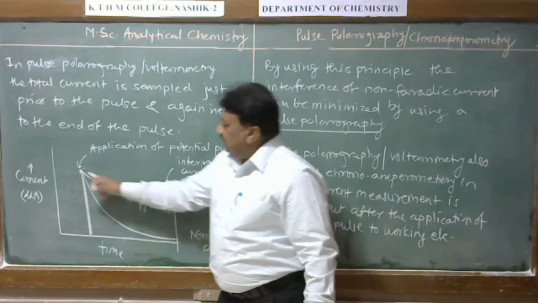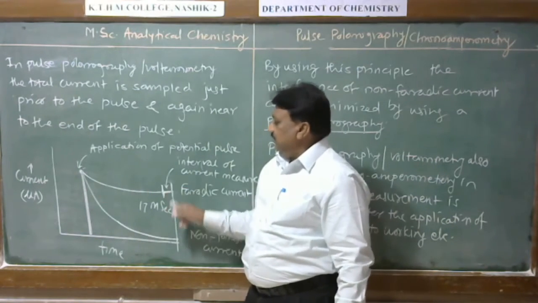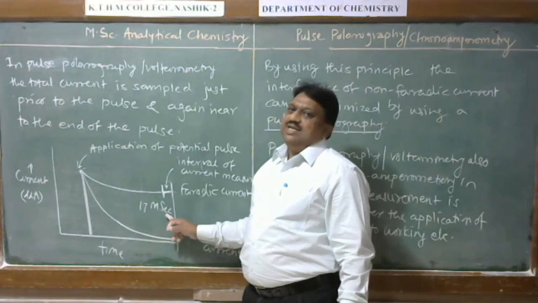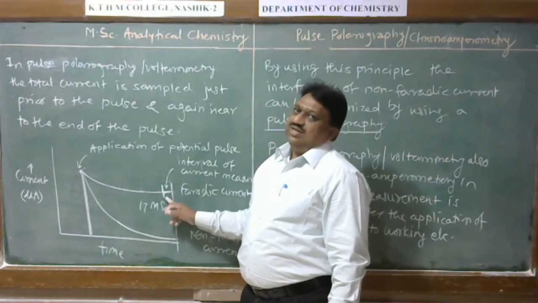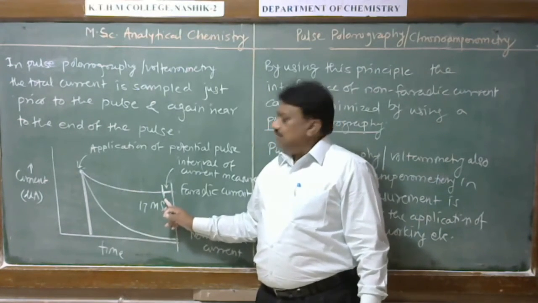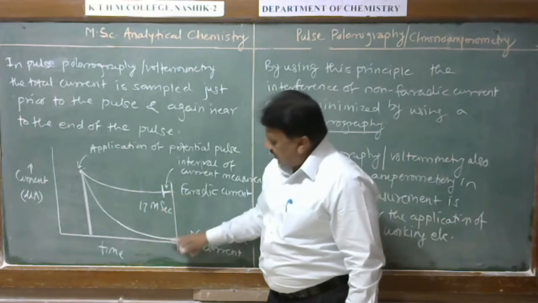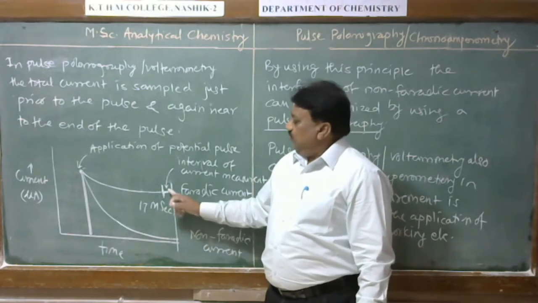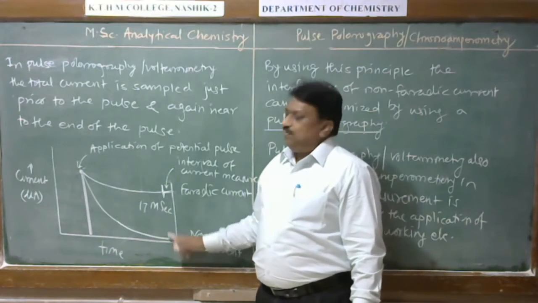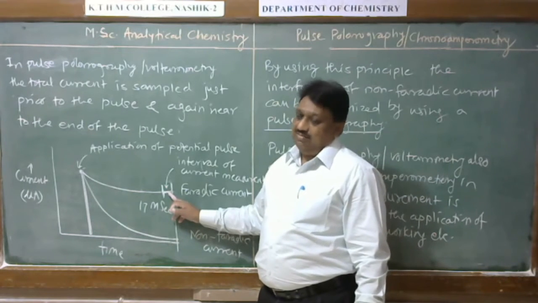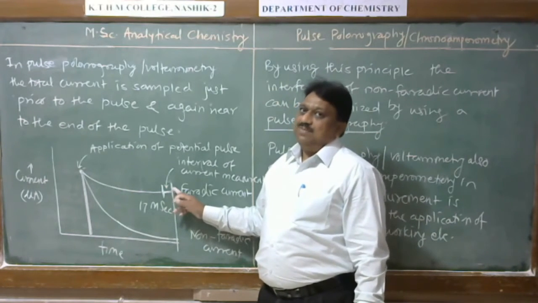Therefore, at the end of the pulse, the current measurement is carried out just before the 15 millisecond, at which the electrode also reaches maximum size or its area becomes constant, and in this case the non-faradic current also becomes equal to 0, and therefore here the sensitivity of measurement increases up to 10 raised to minus 8 molar by this current sample measurement.